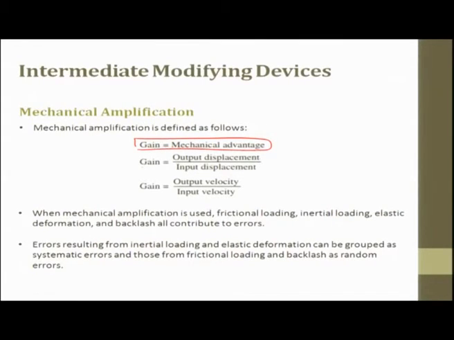When mechanical amplification is used, frictional loading, inertial loading, elastic deformation and backlashes contribute to error. The error resulting from inertial loading and elastic deformation can be grouped as systemic error. What is systemic error? These errors are consistent, and they happen because of mechanical wear and tear.